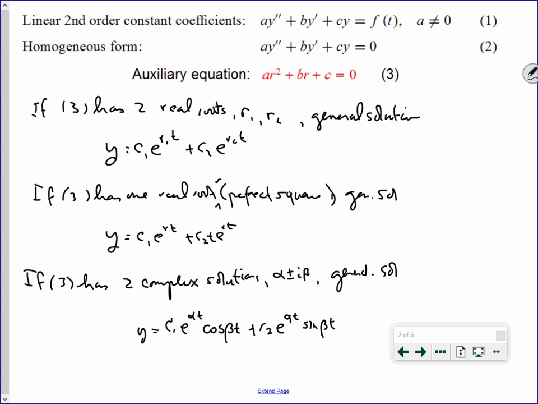Now it's a good exercise, and I probably should assign it. Maybe I'll stick it on the next test, is to show that these pieces actually are linearly independent. Because that's the whole idea on this: we've got a second order DE here, so we get 2 linearly independent solutions, and you combine those to make the general one.